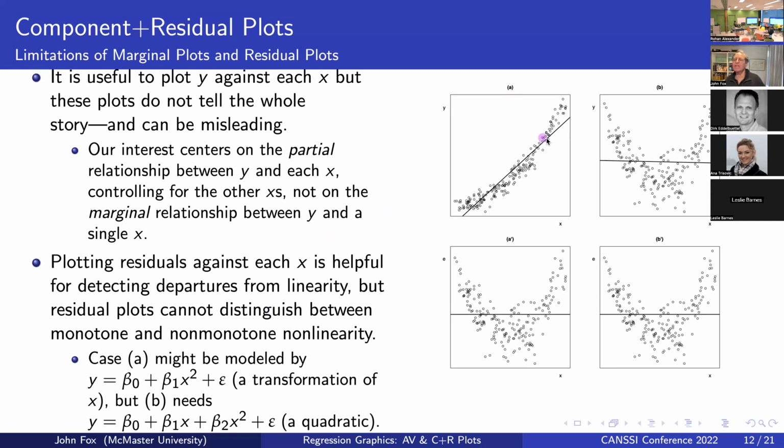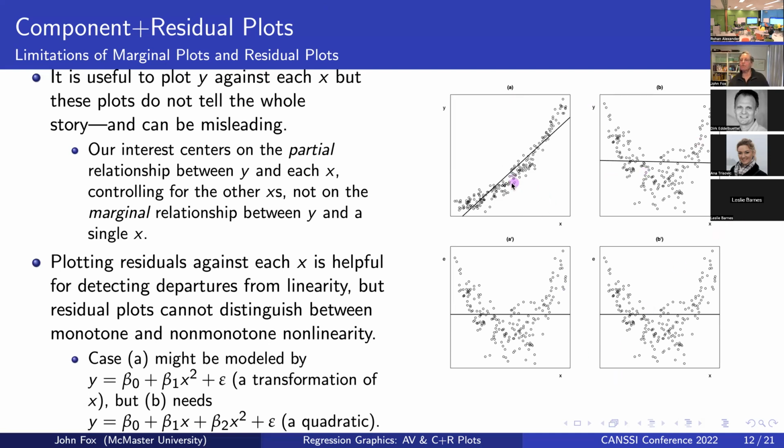So I've illustrated that here with 2 simple 2D scatter plots, which are at the top in panels A and B. In scatter plot A, there's a nonlinear but monotone relationship of y to x, while in scatter plot B, there's a curvilinear, that is a non-monotone relationship between y and x.